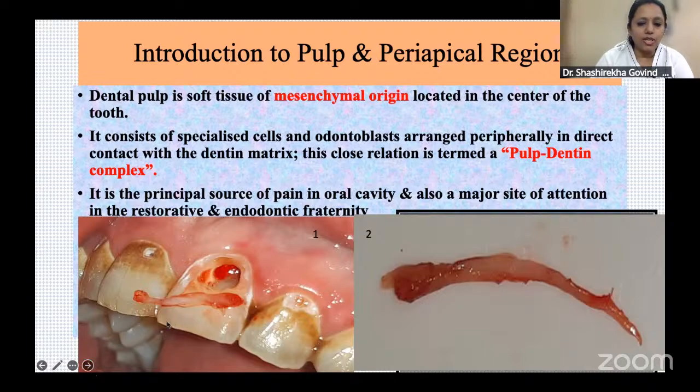As you can see in pictures 1 and 2, the pulp has various anatomy and a variable volume. The volume depends on the tooth, being smallest in the lower central incisor and biggest in the maxillary molars.